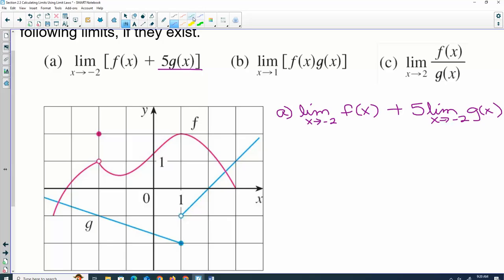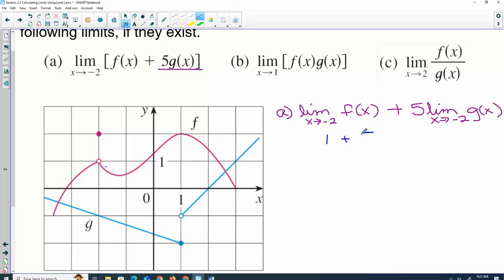So, as you approach negative 2 on function f, f is our pink one. So as we are approaching negative 2, what y value is that going towards? 1. Because we don't care what happens at the point, just as we are approaching.